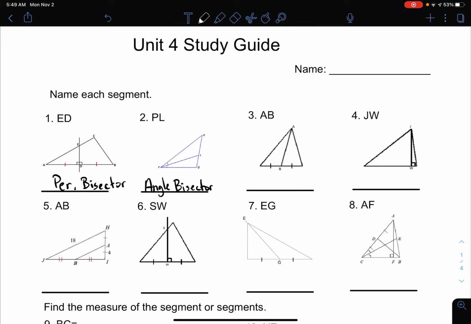Number 3, that one is a median. And number 4, that one is going to be altitude. Or you could put height. Either one should be fine.